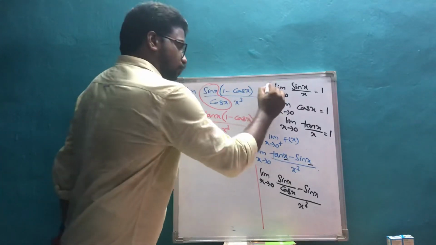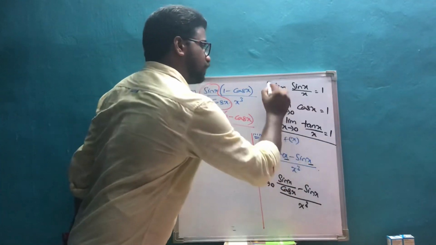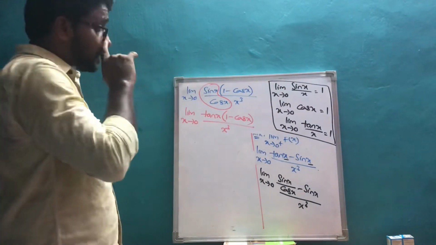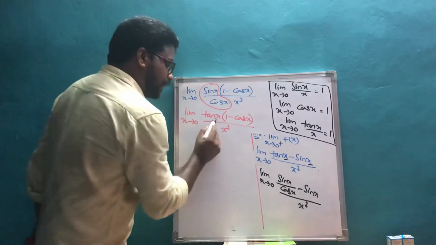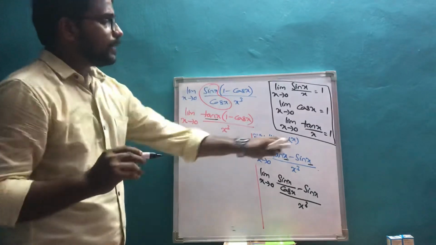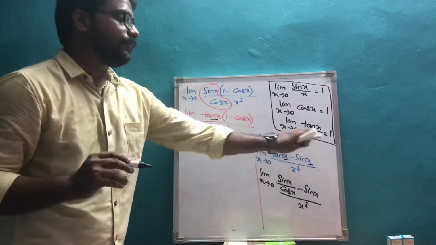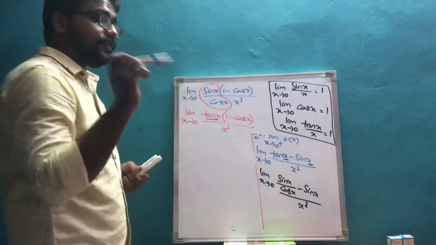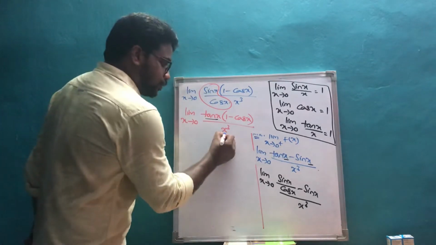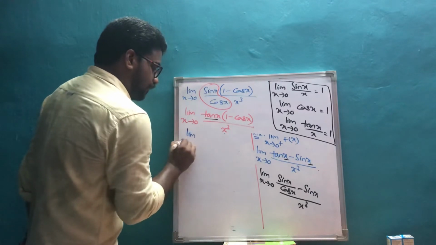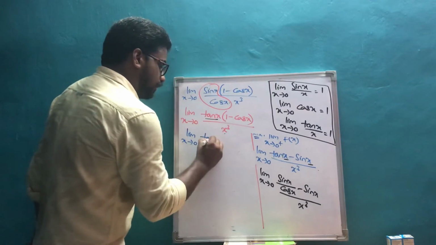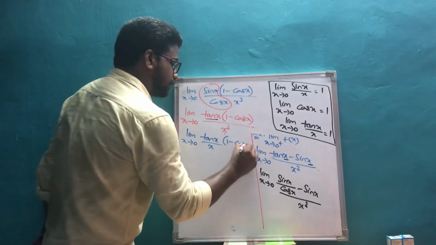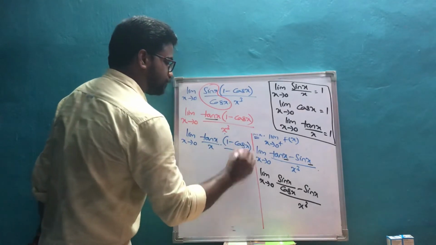These are the only three formulas that we are having with respect to trigonometry and limits. You can just observe here, I am having a tan function. So that means for the tan function formula I am having denominator as an x here. So that means it is giving me a hint that this x cube can be written as limit x tends to 0 tan x by x into 1 minus cos x by x square.